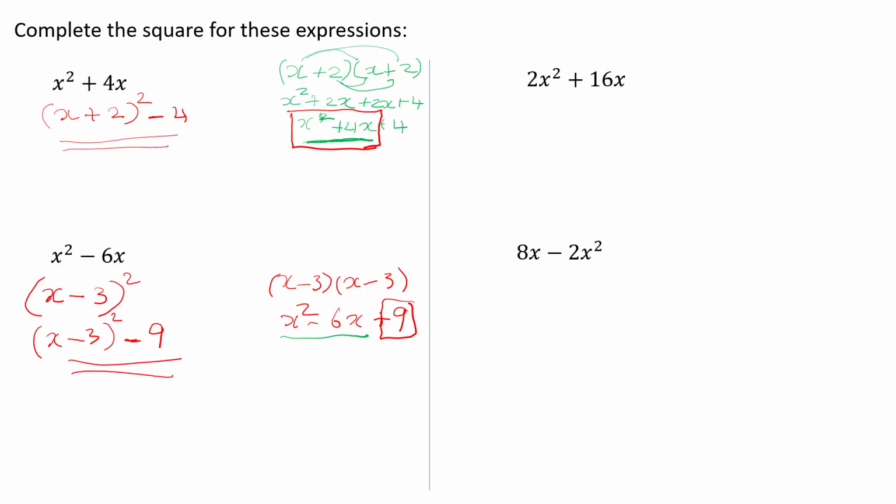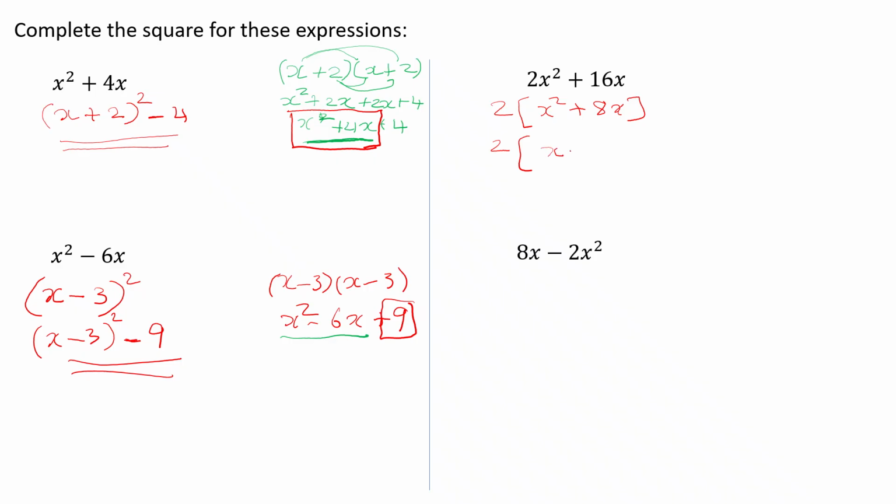Next one, 2x squared plus 16x. Before I do the completing square, I'm going to take 2 out of the bracket. So x squared plus 8x, because I want to keep the coefficient of x squared as 1. So 2, then I'm going to do the completing square.